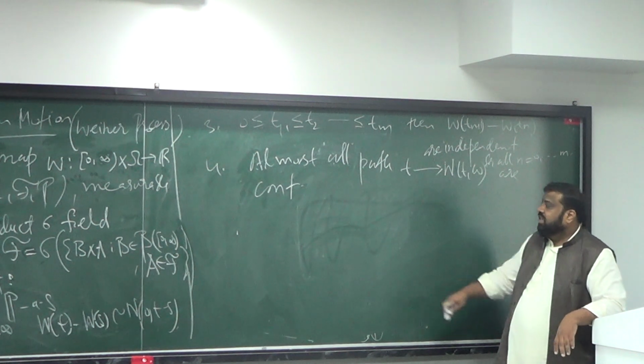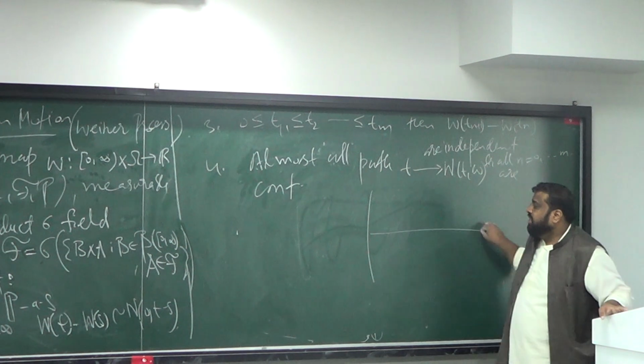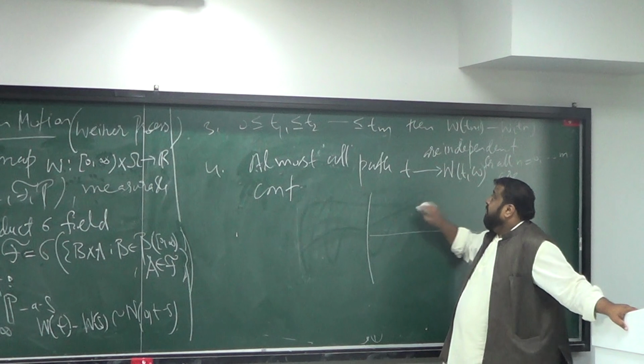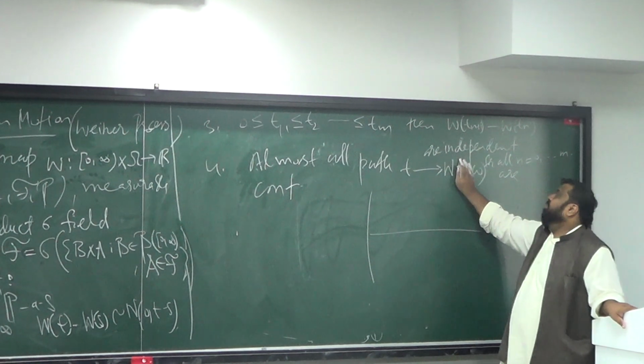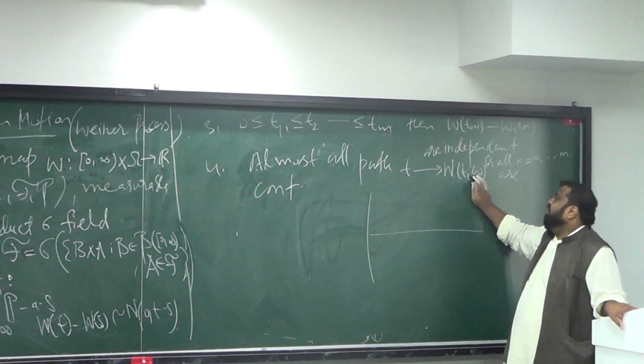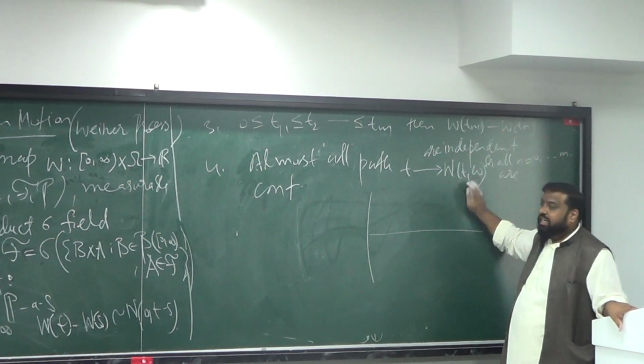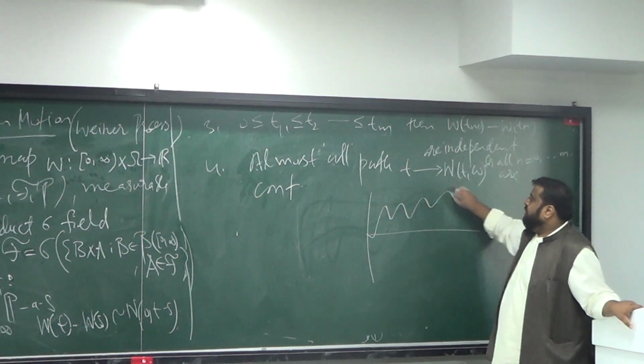So when you're going to simulate a process, if there are, for example, 10 omegas in your sample space, that means it can have 10 possible trajectories.